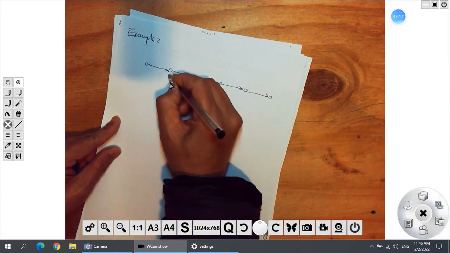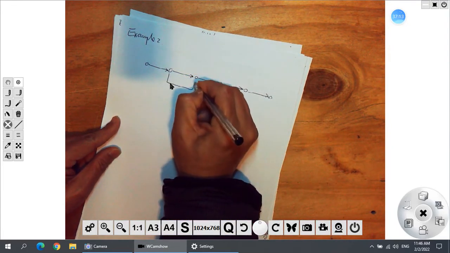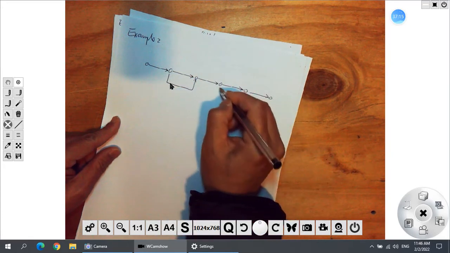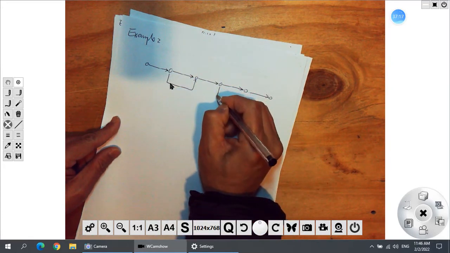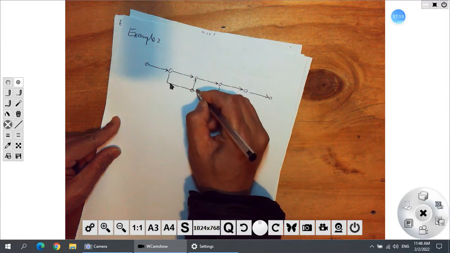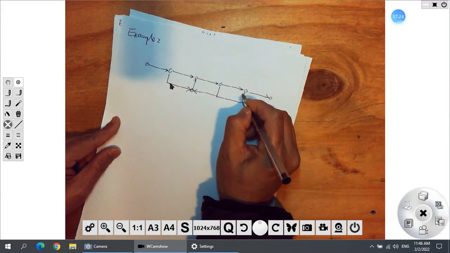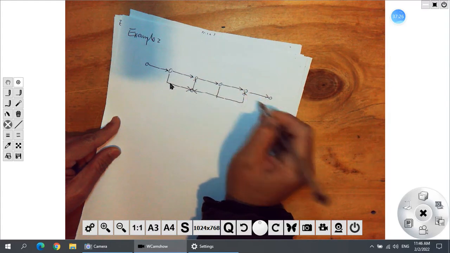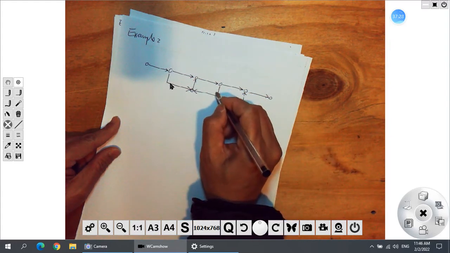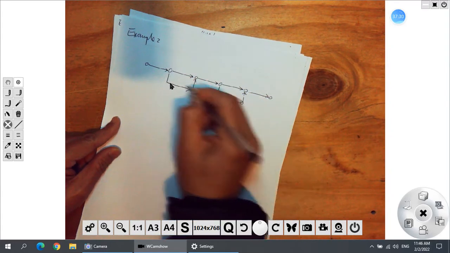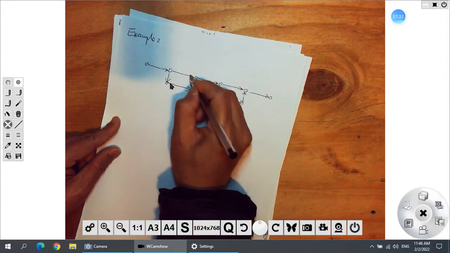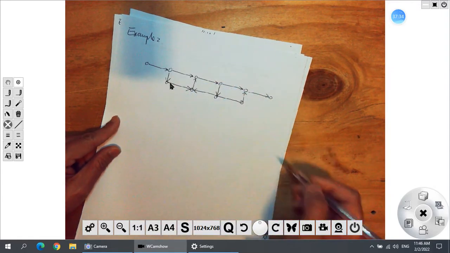I have this graph, going down here, going forward here, like this.